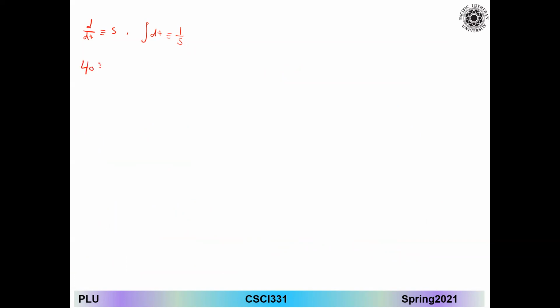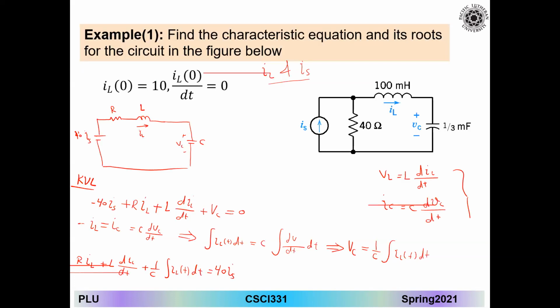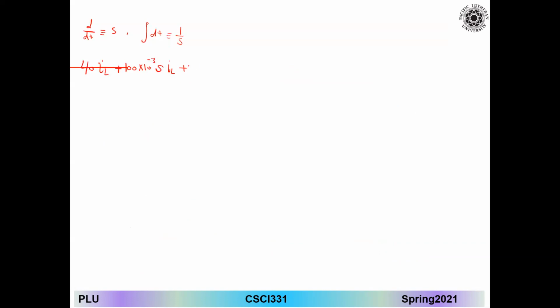For 40 IL there is no derivative. The second term will be LS, and L how much? 100 milli. So this one is 100 to the power minus 3 S. This one is S, guys. IL. The third part, the integration, right? 1 over C. See how much it is? 1 over third. So this one is going to be 3. This one 1 over S, guys.